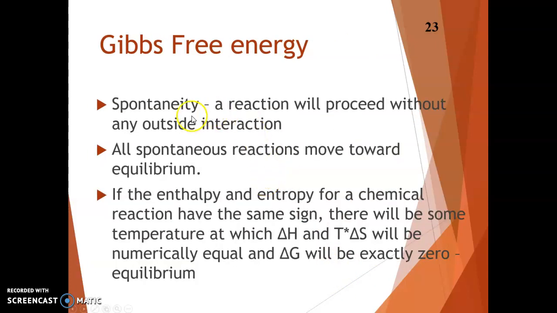Alright, so spontaneity. If a reaction is spontaneous, it will proceed without any outside interaction or intervention. Just put the reactants together at whatever temperature and they'll react. Might not be fast, could be slow, could be fast, but the reaction will move forward.